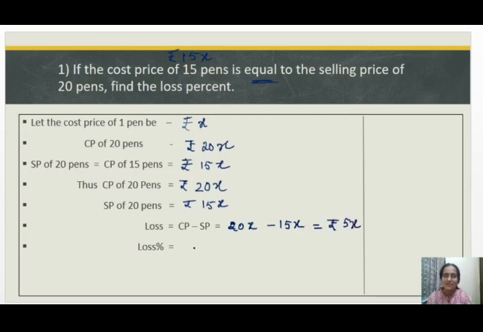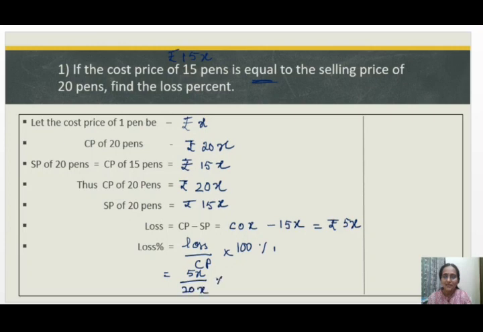It is rupees 5x. Now how will you get the loss percent? It is loss divided by cost price into 100%, right? So you will get 5x. What is the cost price here? Cost price is 20x.